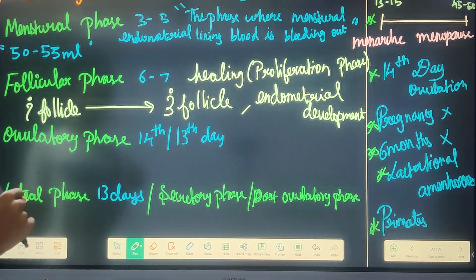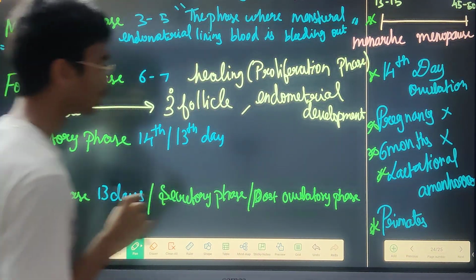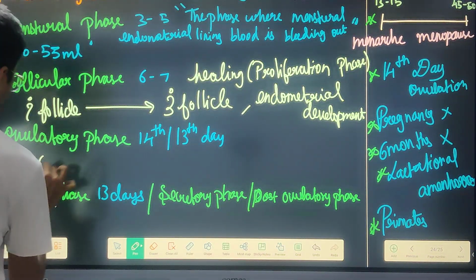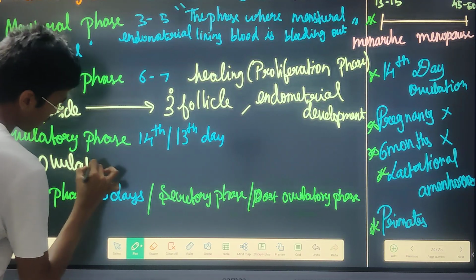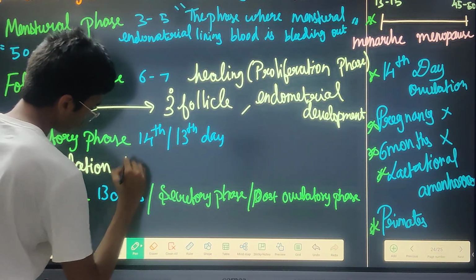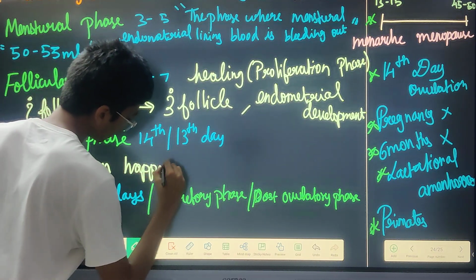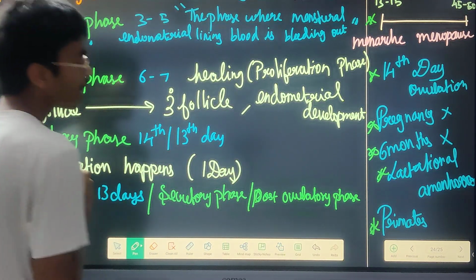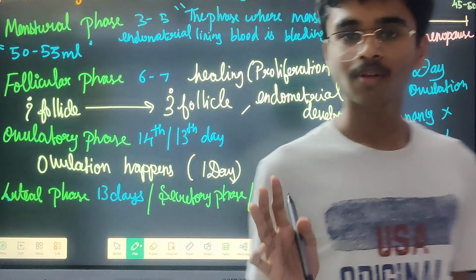Now after that is the ovulatory phase. So what is the ovulatory phase? The ovulatory phase is where ovulation happens, and generally it lasts only one day. This is the time when the female will be very happy.